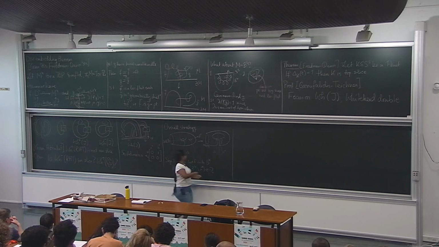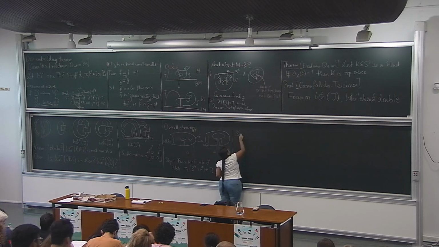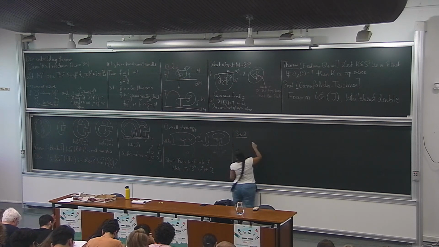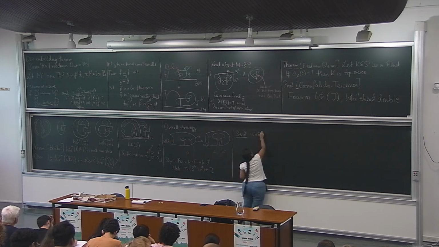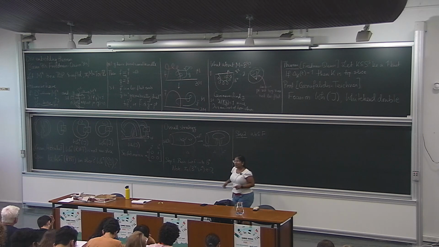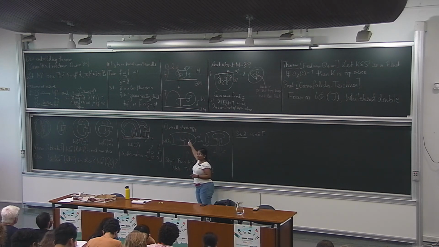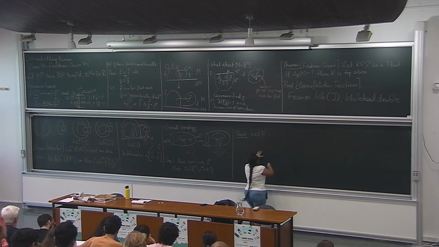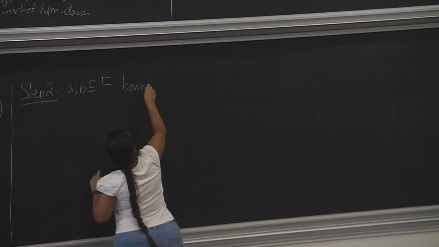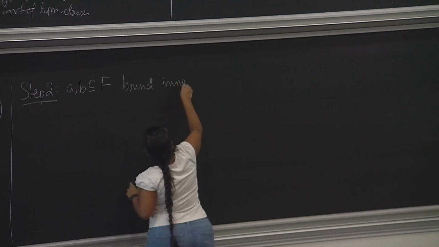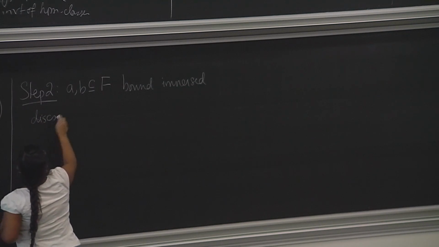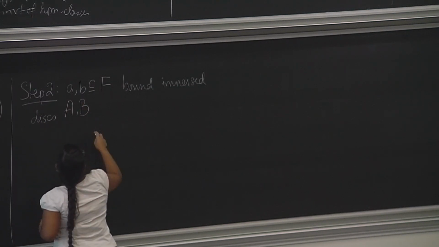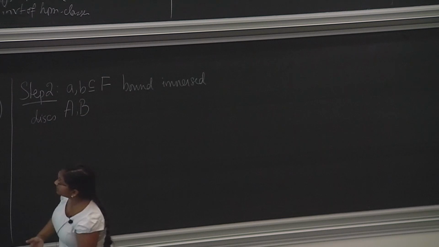So notice, step 2: little a and little b. If you're being careful, maybe you should think about little a plus and little b plus that are on F plus. I will not be that careful. These bound immersed disks, big A and big B, inside of B4.